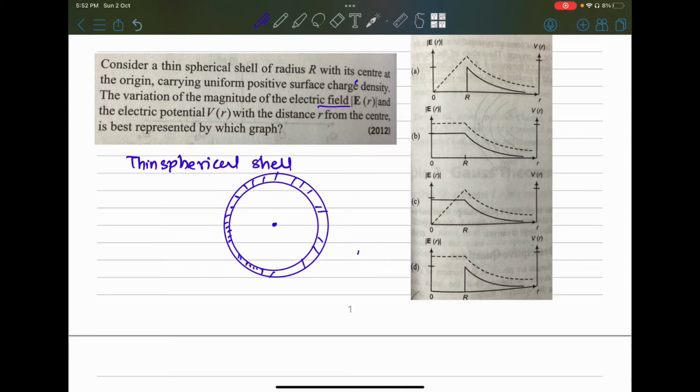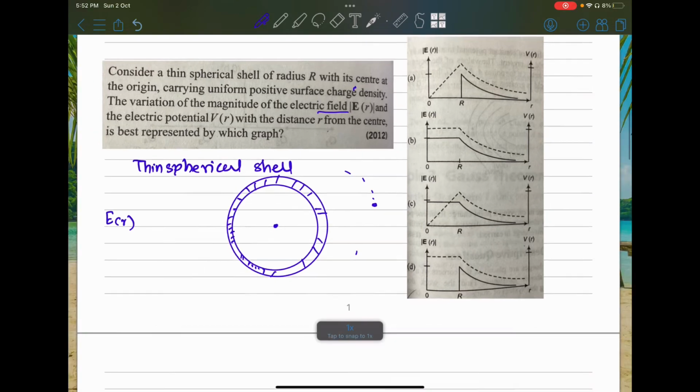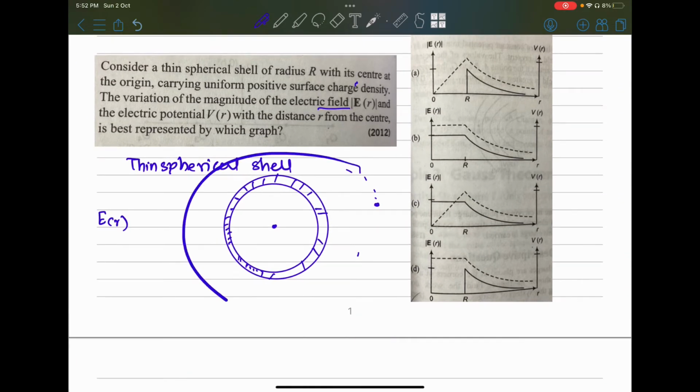So what is the electric field outside the surface? We know if we draw a Gaussian surface from this point, like this, then whatever charge is enclosed inside that Gaussian surface, that amount of charge will contribute towards the electric field at this point, and that amount of charge will act as a point charge at the center.